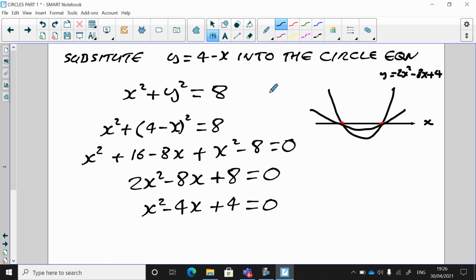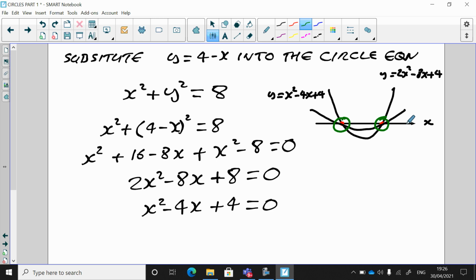So that's what that's like there. The graphs are different. The shapes are different. But do you know what's the same? Where they cross the x-axis.